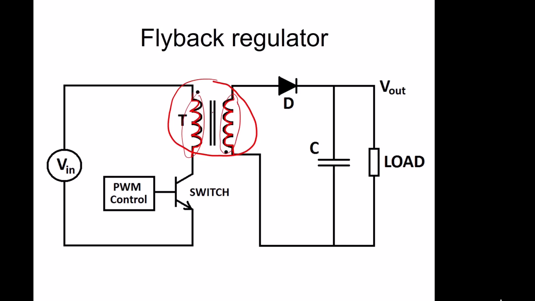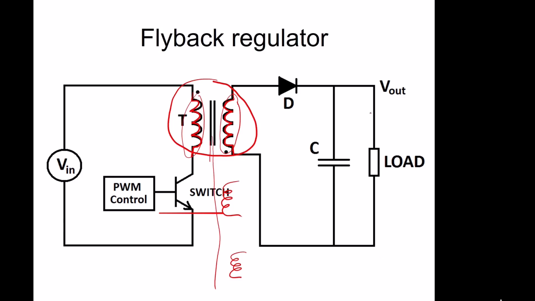The third advantage is if we extend this down, you can imagine you've got a primary coil and multiple secondary coils. So potentially you could have different regulator circuits coming off these different coils, so you can have multiple output voltages coming out of this regulator.